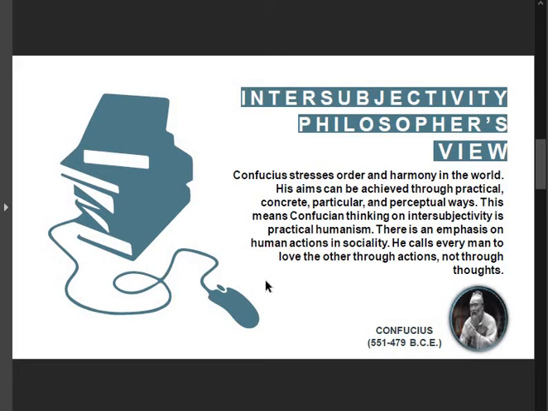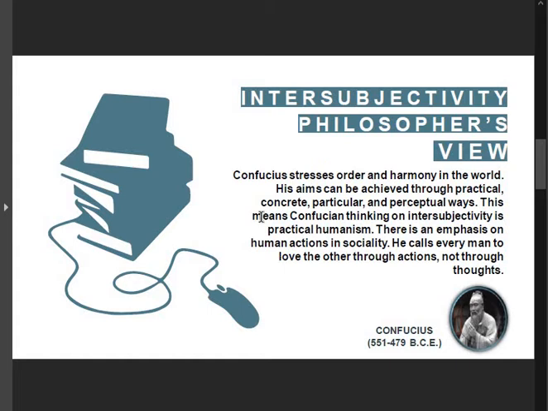So this means Confucian thinking, or Confucianism in general, on intersubjectivity is practical humanism. There is an emphasis on human actions in sociality. It's not society, it's sociality. It's more of interaction.